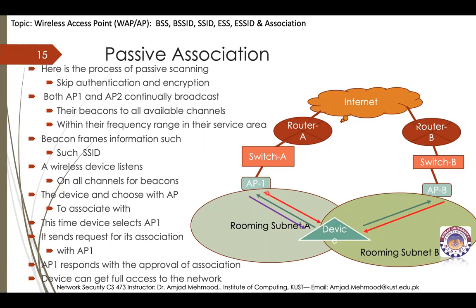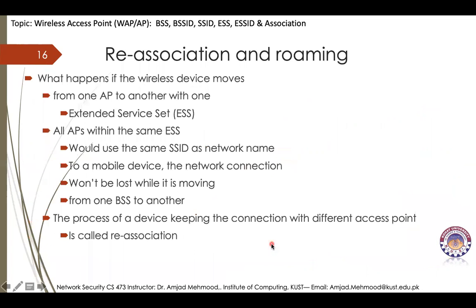The access point finally responds with the approval of association, and then the device can get full access to the network. In this case, the device is selecting AP1, and the AP confirms that now you will get full access to this network. This is how passive association is done.